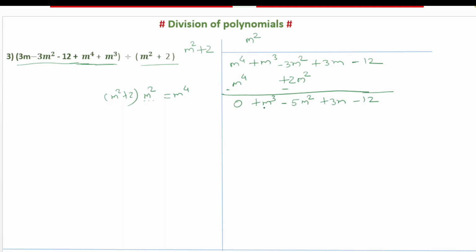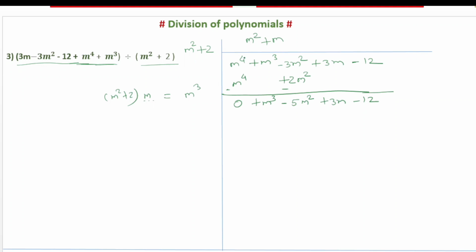Now we want m³. How do we get m³? If we multiply m by m², we get m³. So the next quotient term is m.